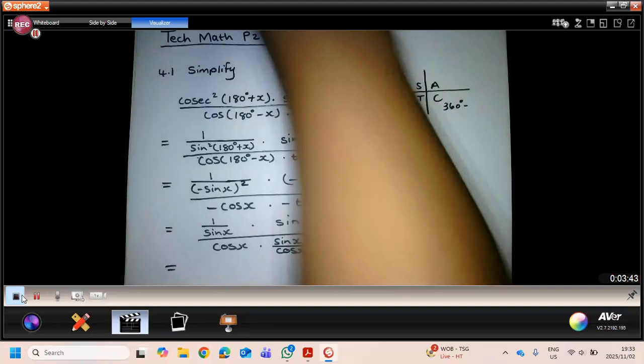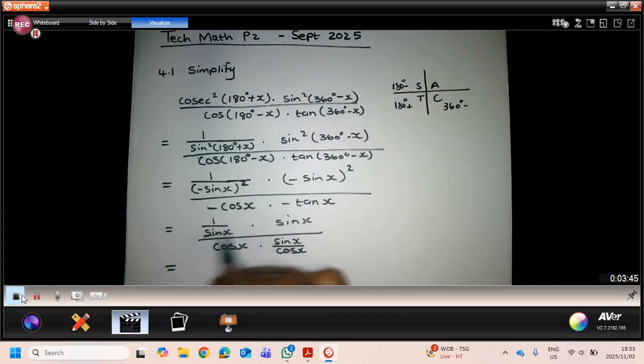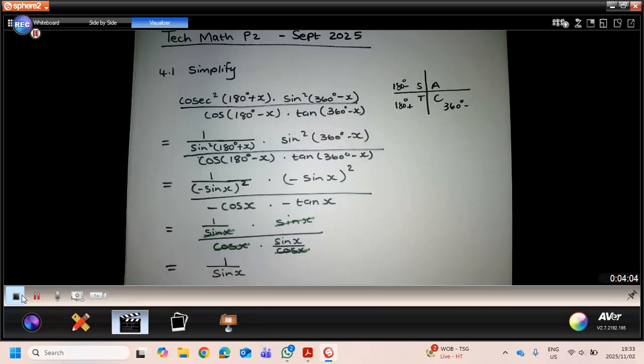Then we can start cancelling whatever's in your numerator and denominator that is exactly the same. Then we have cos x in the numerator multiplied by sine over cos, which is in the denominator, so we can cancel that. Then we're left with 1 over sine x, and this is equal to cosec x.